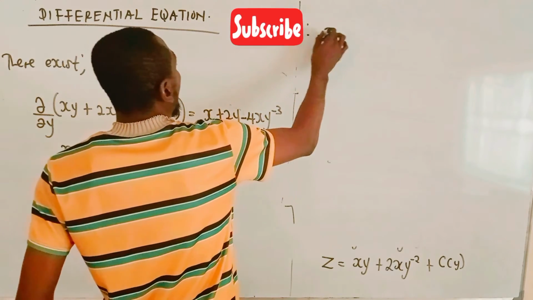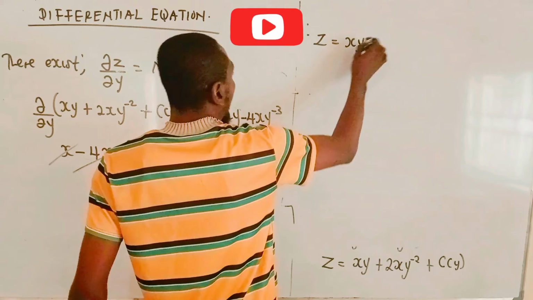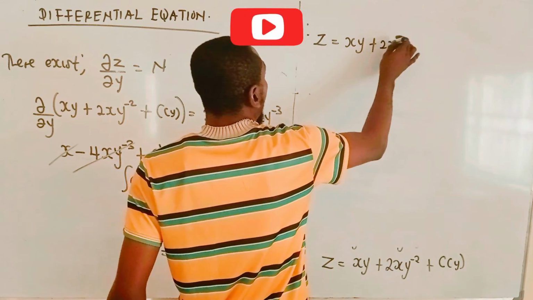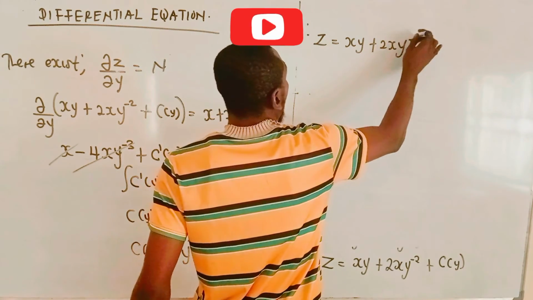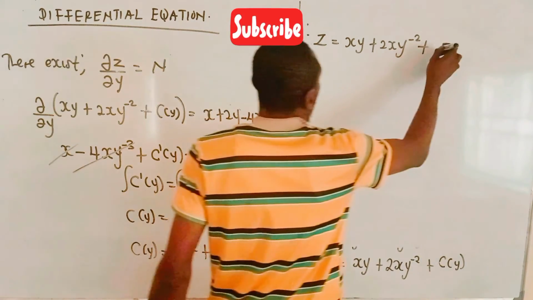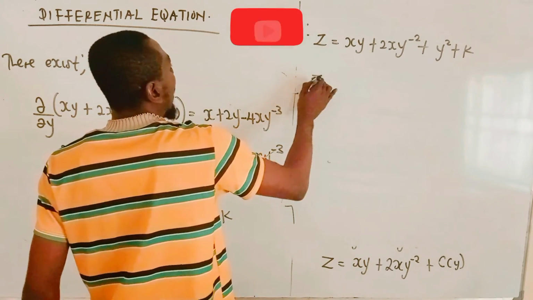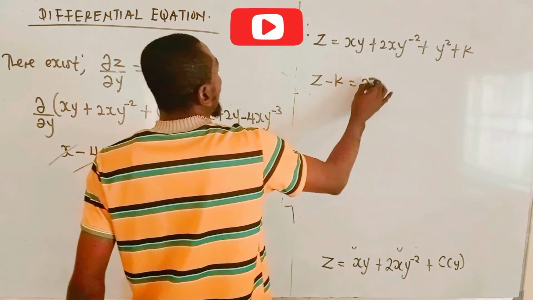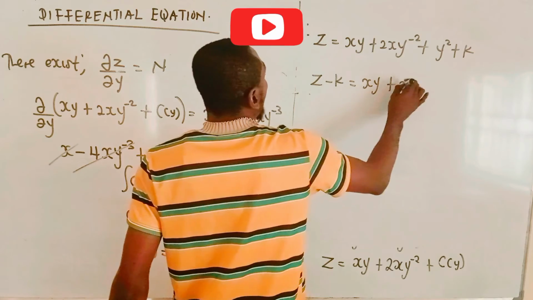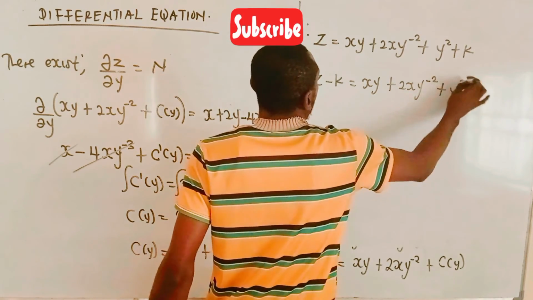Therefore, z is equal to xy plus 2x y raised to the power minus 2 plus c of y, and c of y is equal to y squared plus k. Taking k to that side, we have z minus k is equal to xy plus 2x y raised to the power minus 2 plus y squared.